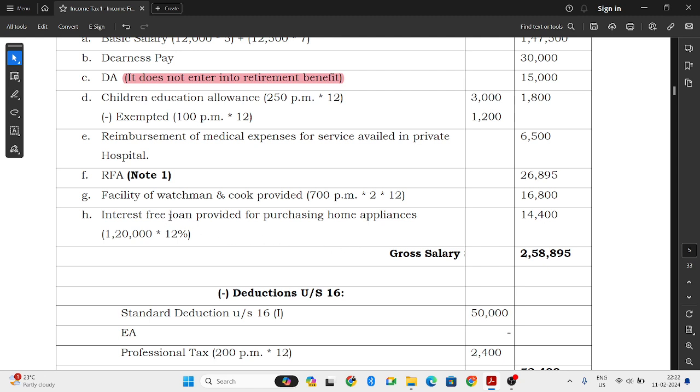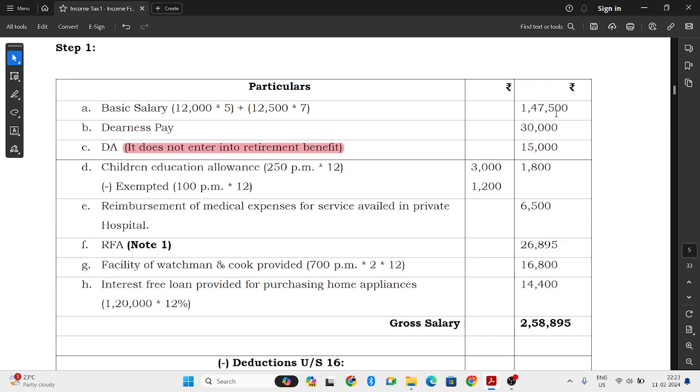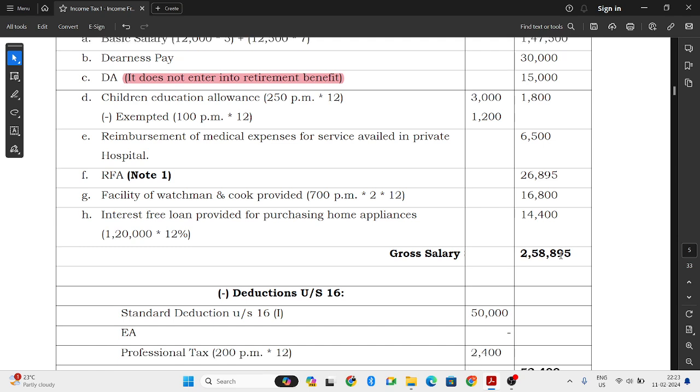Next, the interest-free loan provided for purchasing home appliances. 1,20,000 rupees is the loan she has received, and for a similar loan in the SBI the interest rate was 12%. So we calculate 12% interest, which will be 14,400.